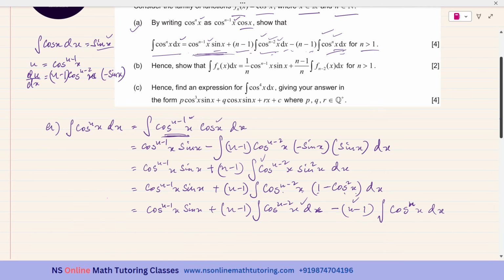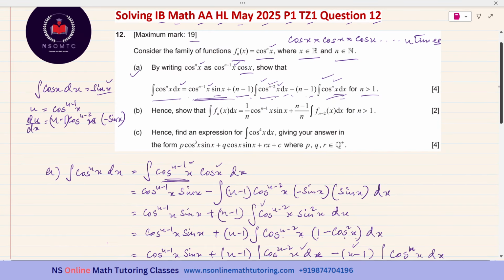Okay, for n greater than 1. They have said that n is a natural number, so the smallest value of n can be equal to 1, and if you have n value equal to 1, then the integral of cos to the power of 1 x with respect to x, that is the integral of cos x with respect to x, will be equal to sin x.